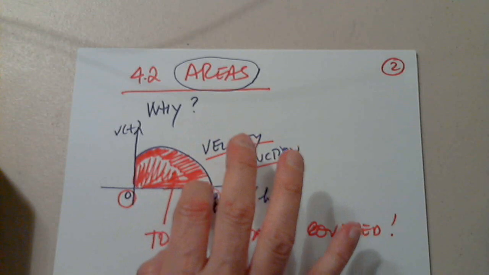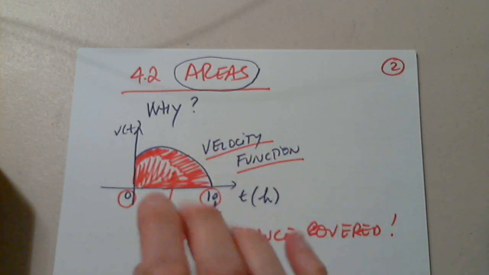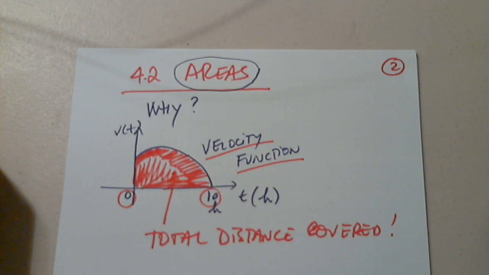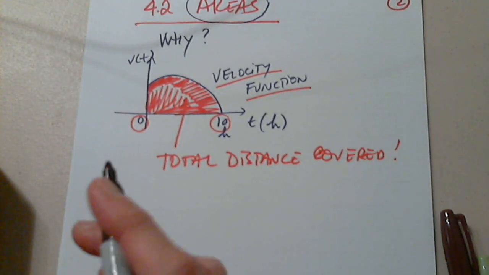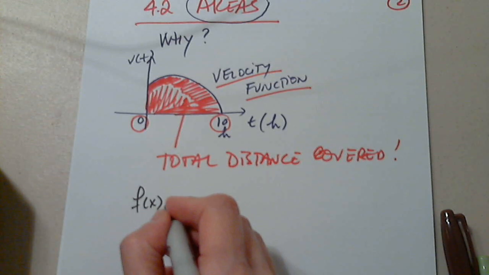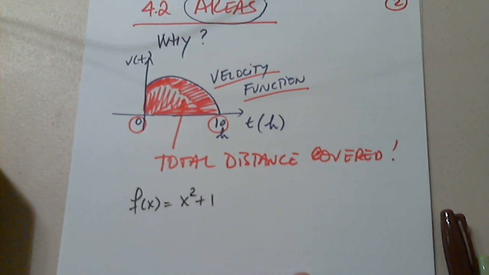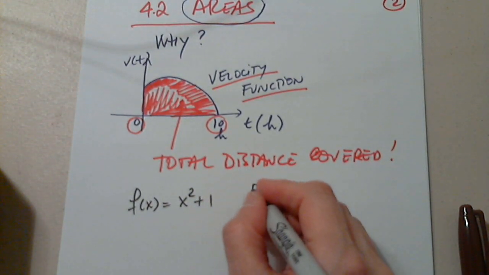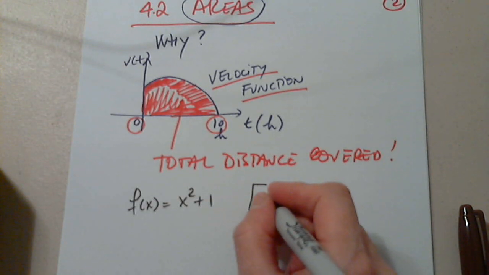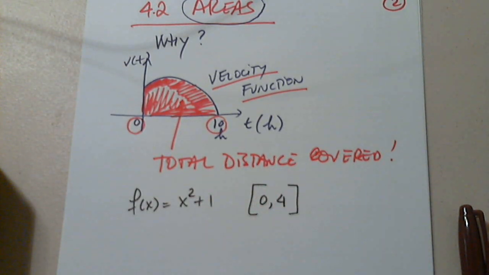while I drive between 0 and 10 hours. But how do I determine this area? That's the question. Okay, so let's take a very simple example. Let's say f of x equals x squared plus 1. Let's pick a very simple interval, say 0 to 4. And what is the question here?